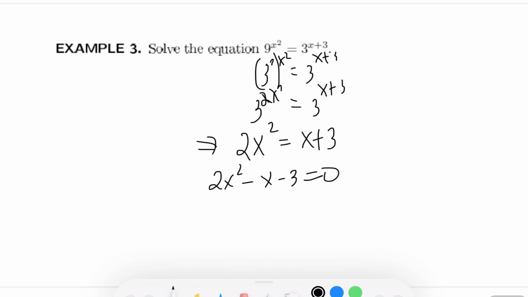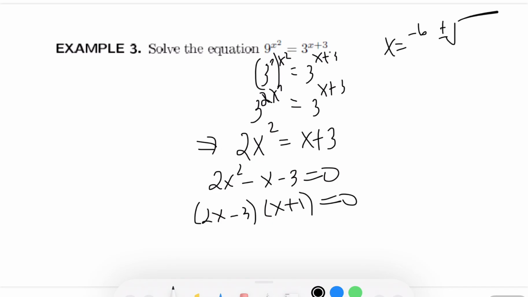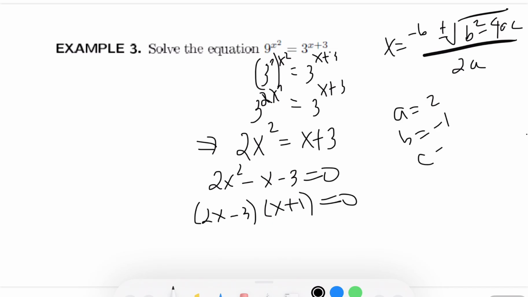Then by factoring, I can factor this one as 2x minus 3 and x plus 1 equals 0. Or you can use the quadratic formula again. x equals negative b plus or minus the square root of b squared minus 4ac over 2a, where a is 2, b is negative 1, and c equals negative 3.